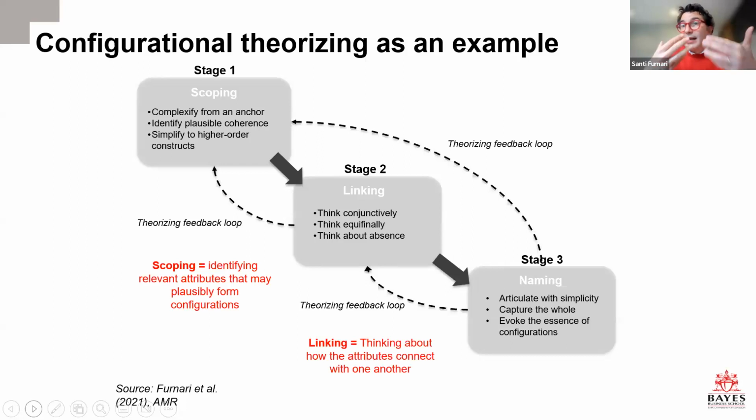And you start, second, to go through a cycle where you try to link those attributes by thinking conjunctively, thinking equifinally, or thinking about absence. For example, what could be the conjunctions between those attributes? Let's say if one key factor is the corporation, if we're talking about organizations that reduce CO2 emissions, is that they had a visible pledge out there.